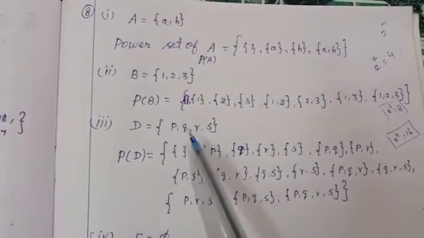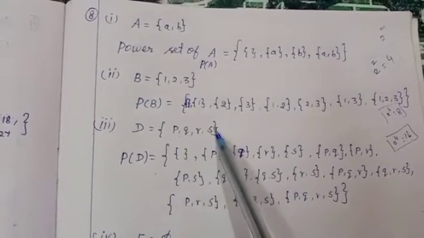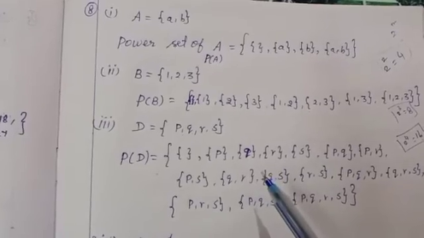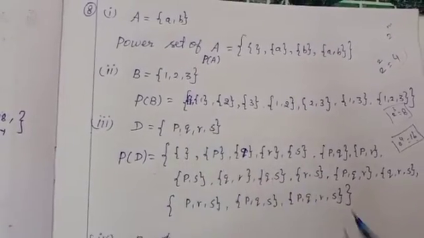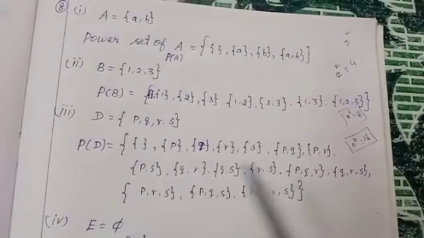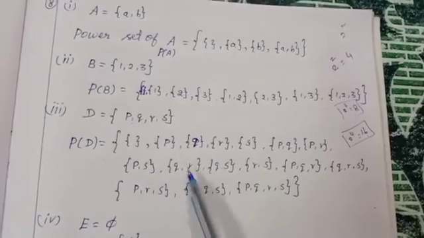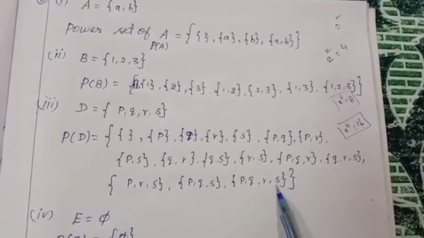Then three elements: PQR, QRS, PRS, PQS. You can write in any order, that is not a problem here. Then write these 4 together, PQRS. Totally you get 16. Counted 1, 2, 3, 4, 5, 6, 7, 8, 9, 10, 11, 12, 13, 14, 15, 16. Are you clear about it?